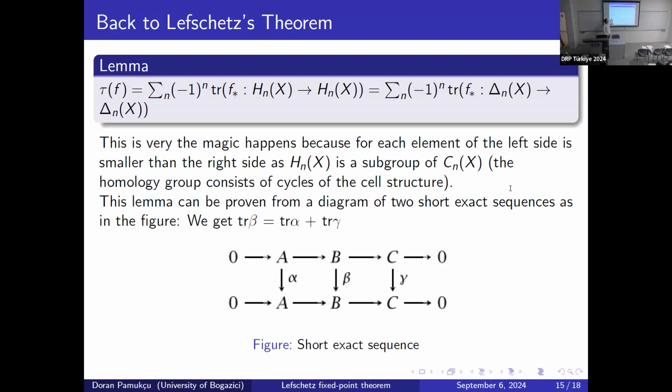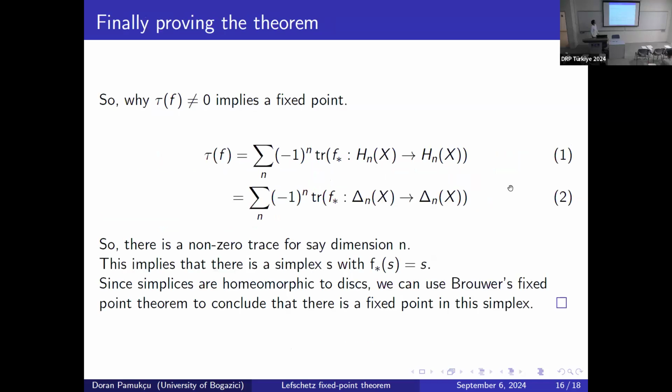So homology is much smaller than the cell structure group. But even though it's smaller, when we take the alternating sum, things cancel out and they become equal. This lemma can be proven using a short exact sequence that looks like this. Maybe you are familiar with them, but it's a bit technical, so I don't want to get into too many details. We're just going to assume it for now.